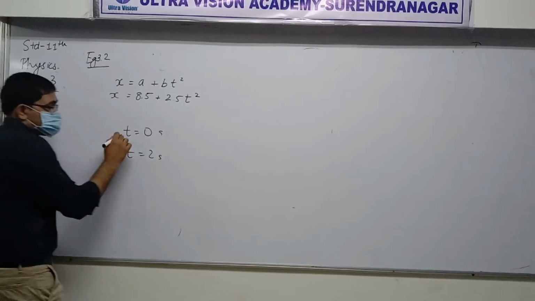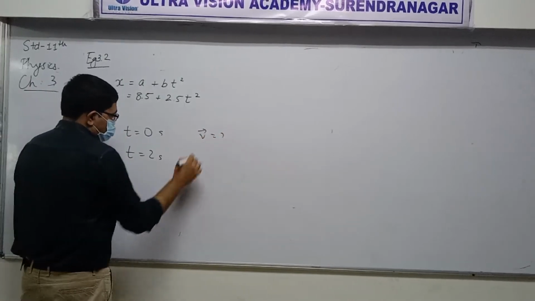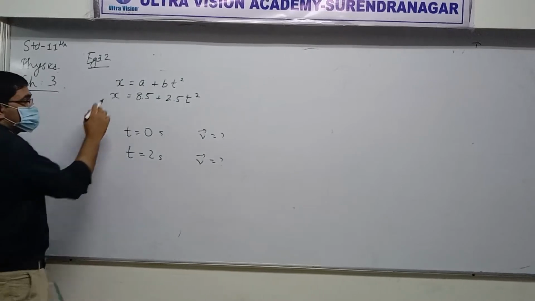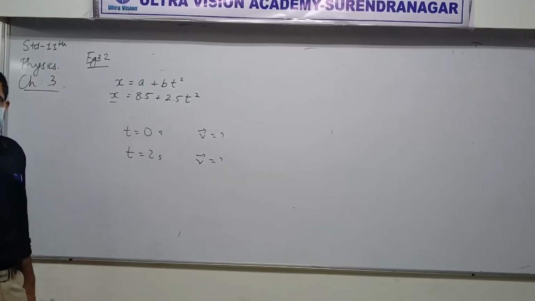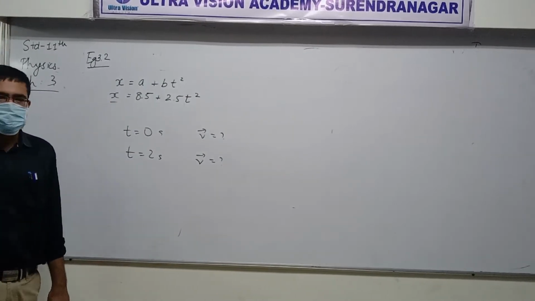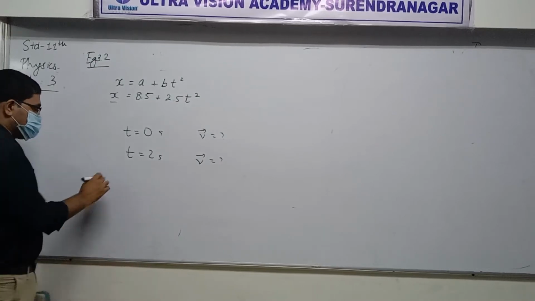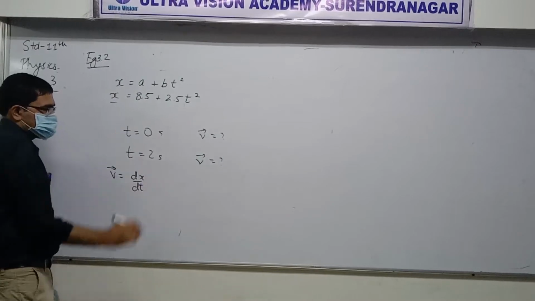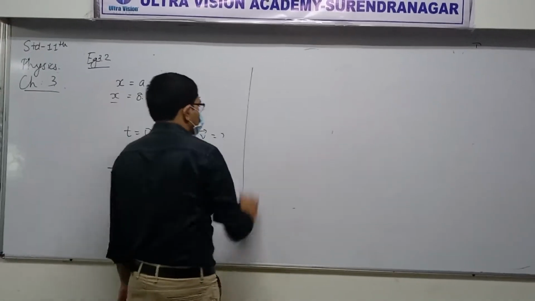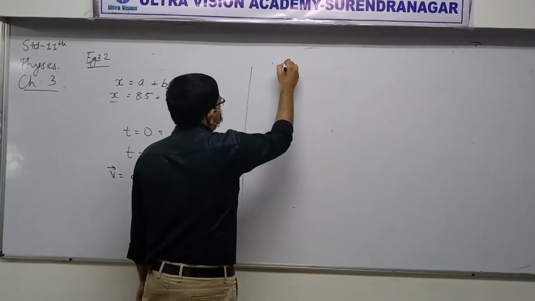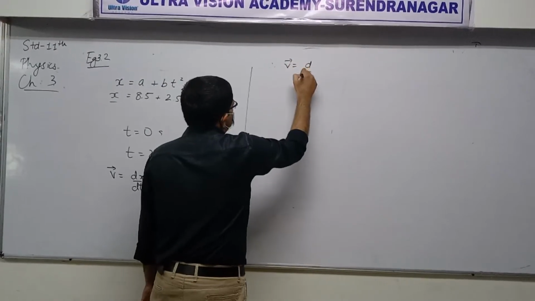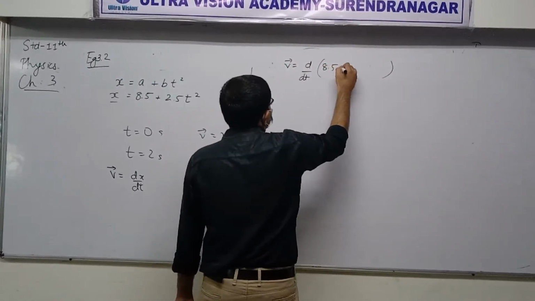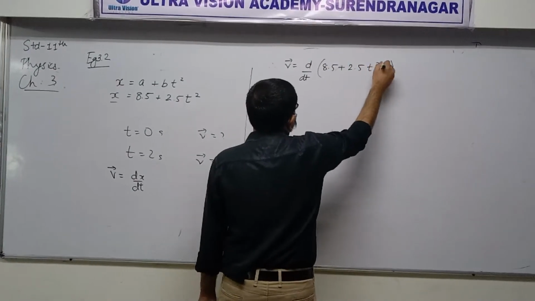So we have to find at this time what's the velocity, and we have to find at this time what's the velocity. So how do you find velocity from position? How do you find velocity from position? V vector is equal to dx upon dt. Okay, so let's do differentiation first of all. Therefore, v vector equal to d by dt of x. What is x? 8.5 plus 2.5 t square.